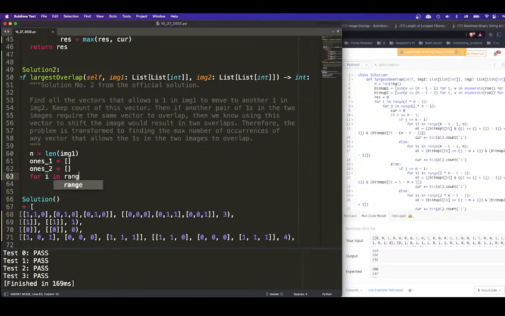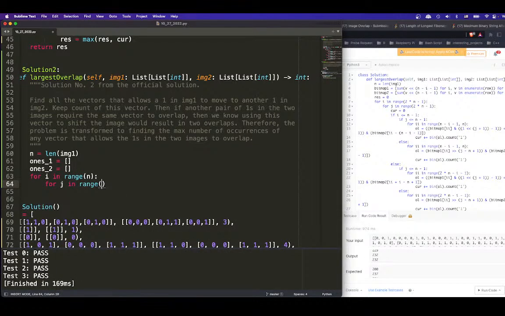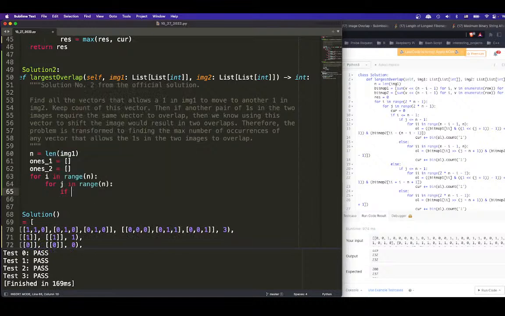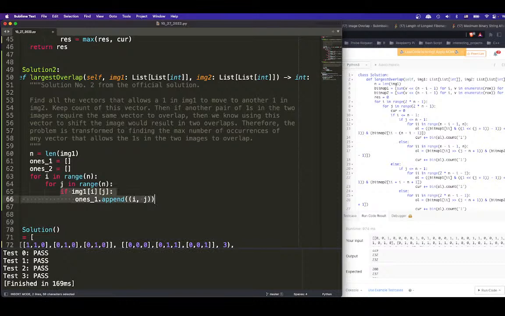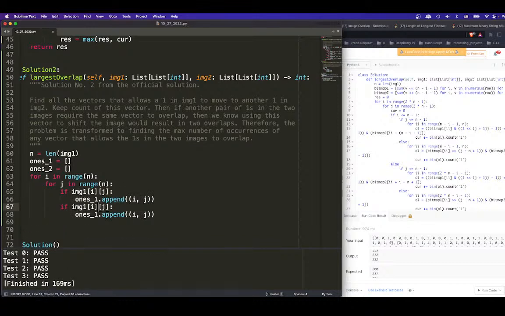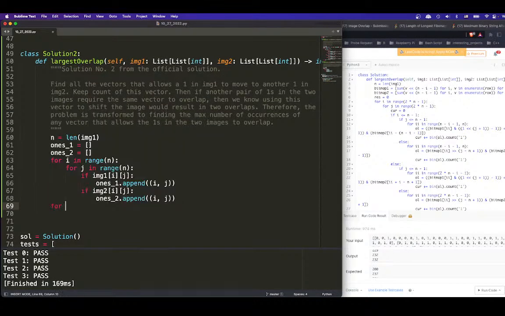I'm going to say for i in range n, for j in range n, if image[i][j], say ones1.append((i, j)), and then same thing for ones2. Yep.